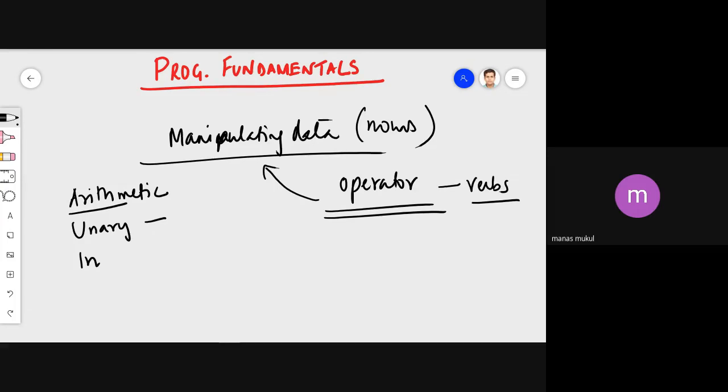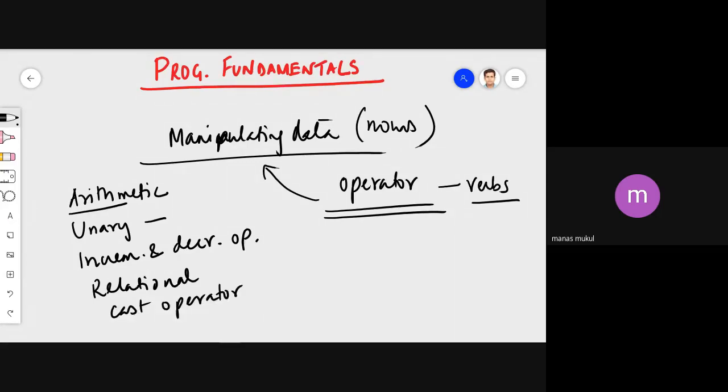You're also going to learn about increment and decrement operators. You're also going to learn relational operators. You don't have to really worry about this if you don't know what they are. And we'll also talk about the cast operator. So this is going to be our first few lessons. Let's start with the arithmetic operator.